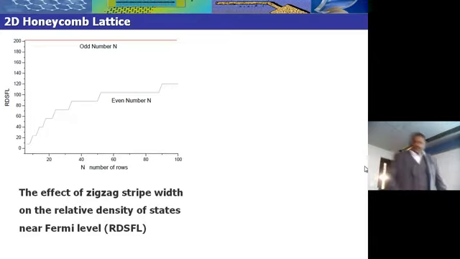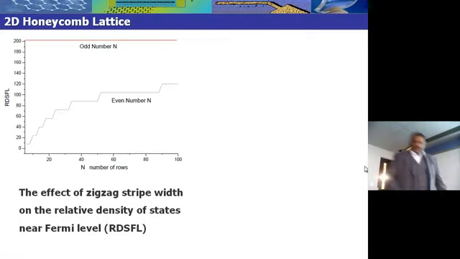Actually, the even number case is compatible with other research published for graphene, for a stripe with the same geometry. With even numbers, we have an increase in the relative density of states as we increase the width of the stripe. Here, we measure the effect of stripe width on the relative density of states of the center band.